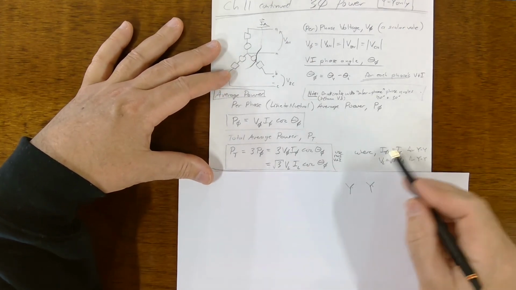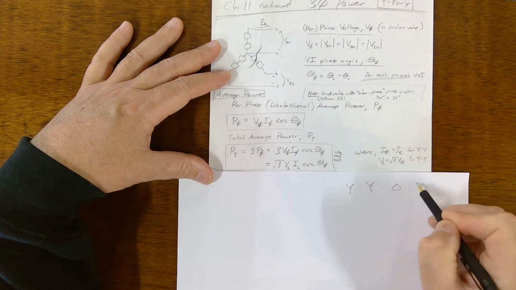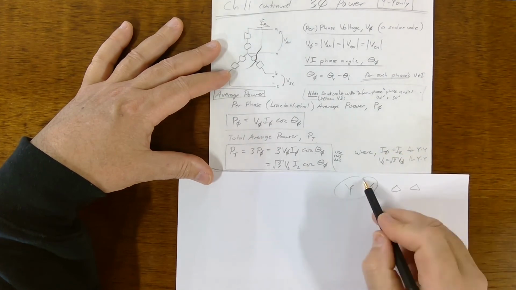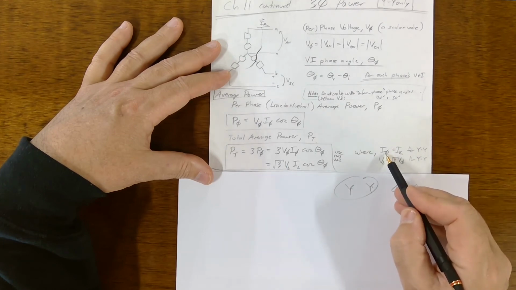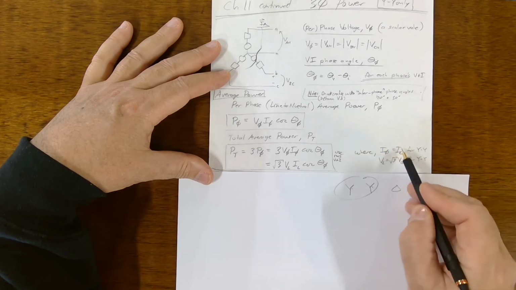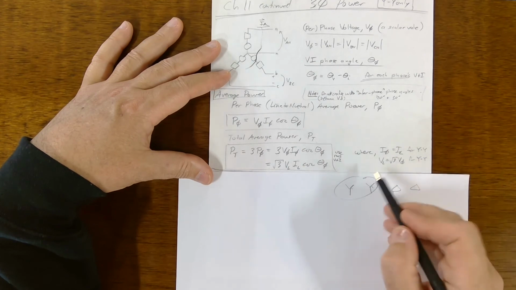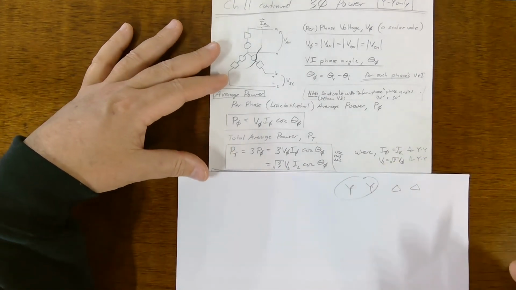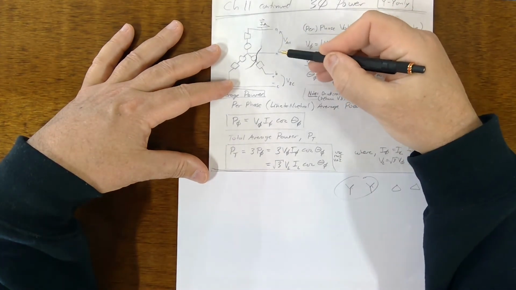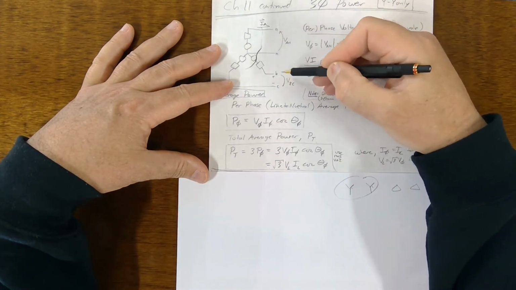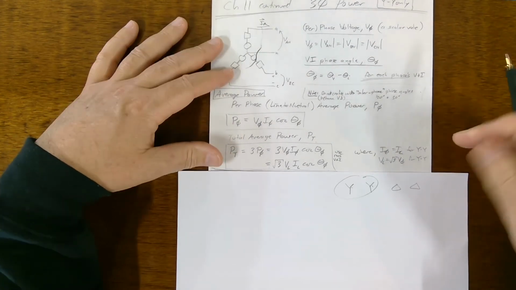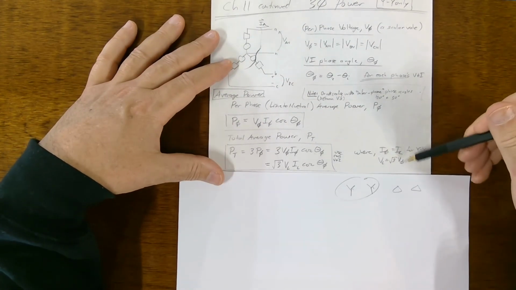And the opposite relationship is true for a delta-delta. So anyway, we're only going to do YY, and there's going to be one current per branch, so to speak, but there's going to be these 2 different voltages. There's going to be the phase voltage and the line voltage, but only 3 currents.